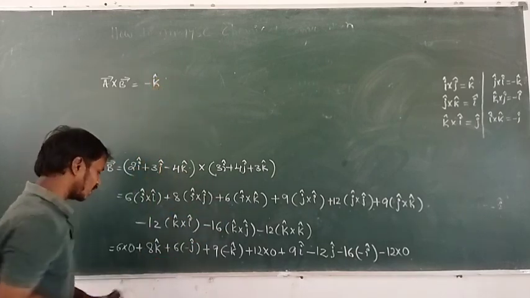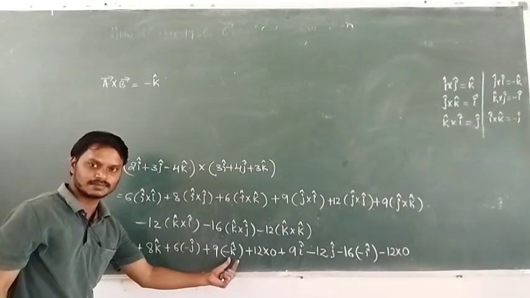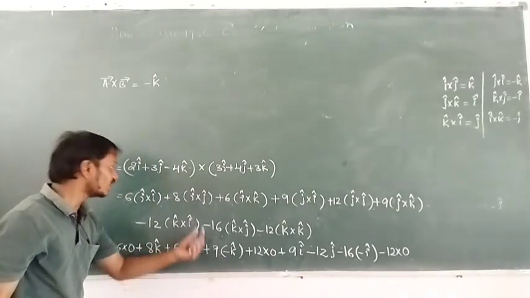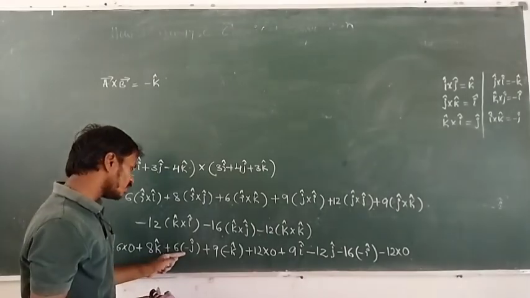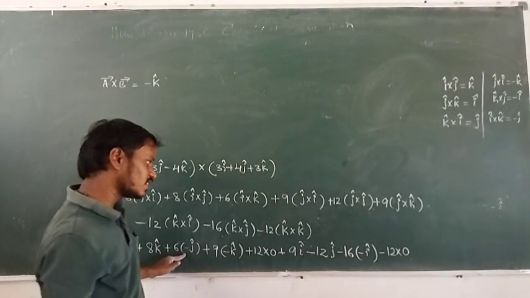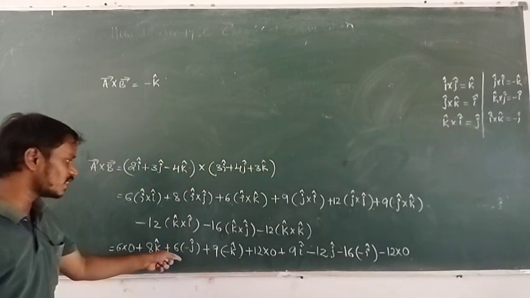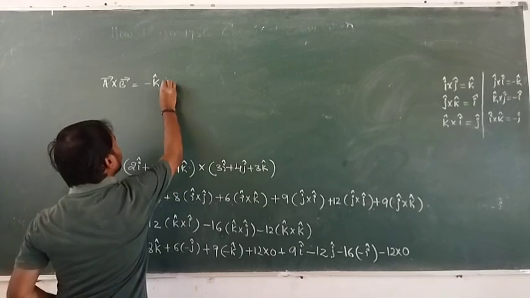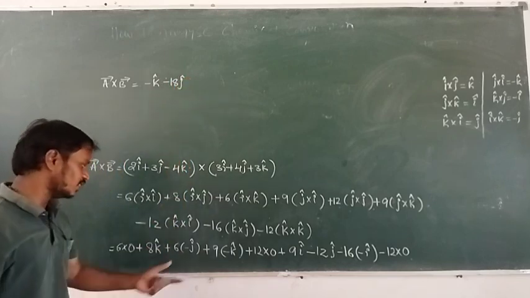Next, minus 6j and minus 12j, that is minus 18j.